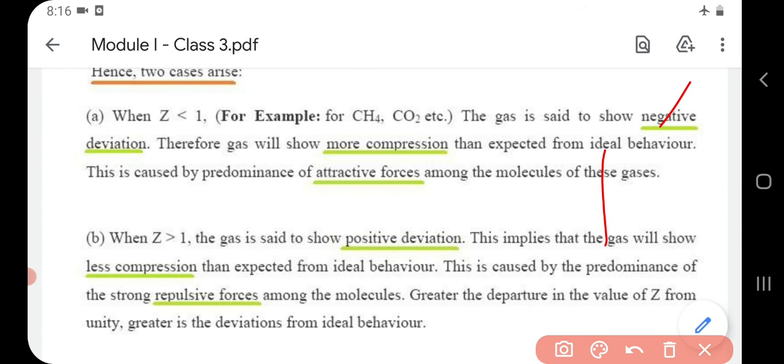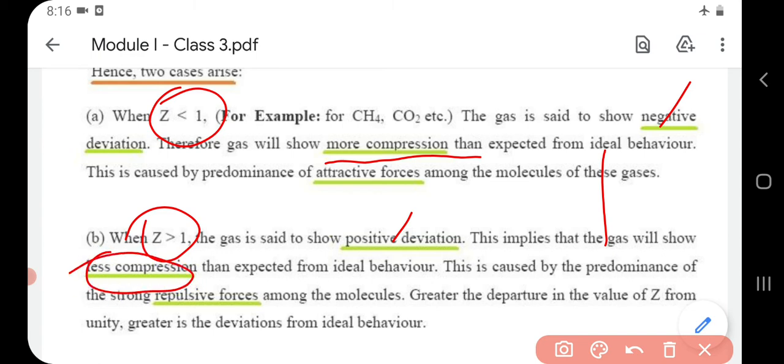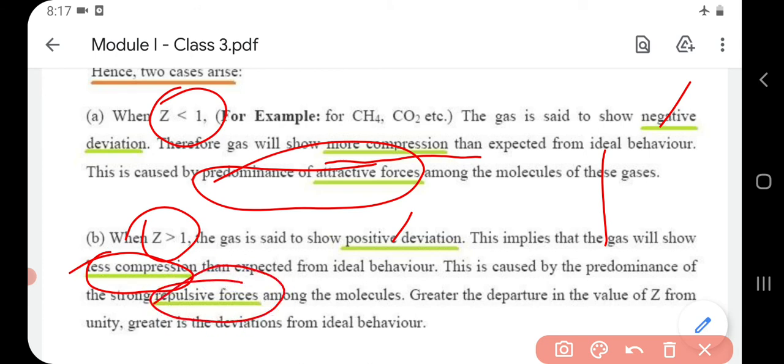Here it was negative deviation, here positive deviation. In the above case, the gas shows more compression, but in this case the gas shows less compression. Which force is predominant there? Attractive force. Here, which force is predominant? Repulsive forces. The greater the departure of the value of Z from unity, the greater the deviation from ideal behavior.